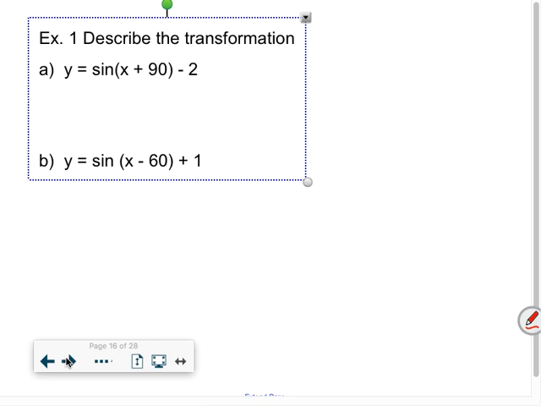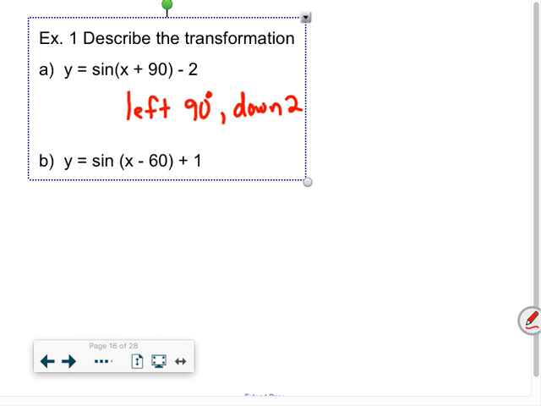How does this one shift? Katie, you want to try it? Left 90 and down 2. Awesome. This is left 90, and we'll say degrees, and it's down 2. Okay? So it does the opposite of the inside, same as the outside.